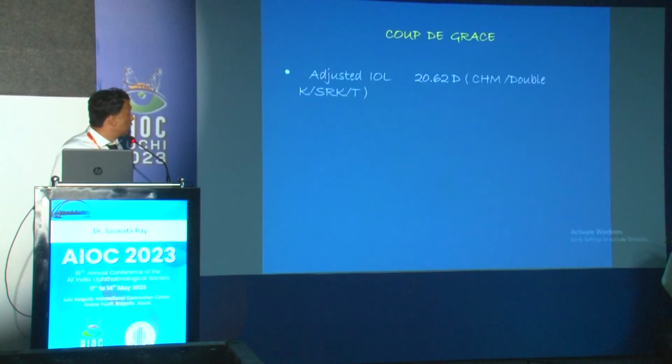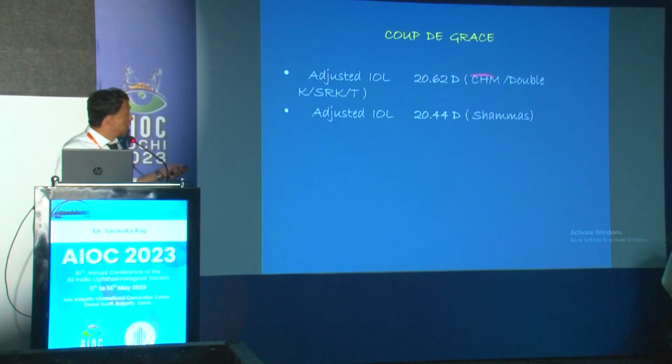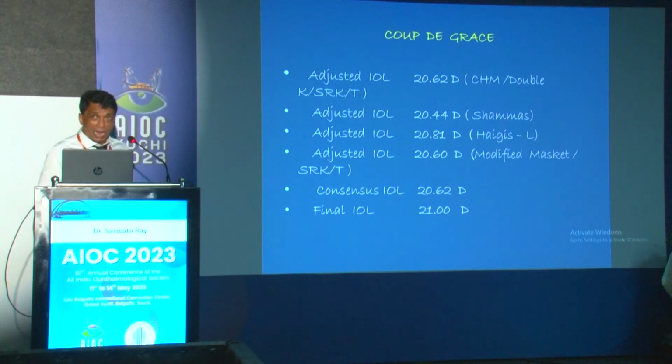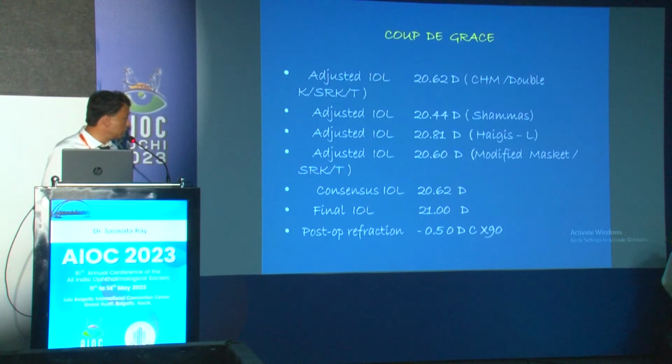And with this, we get an IOL power calculated by multiple formulas by the online calculators of 20.6, one group of formulas by Shammas 20.4, 20.8 by Haigis, 20.6. We take an average of 20.62, final 21, and we end up with an amazing refraction of only minus 0.5 cylinder at night. Astonishing, but true. So this is the latest standard of care.